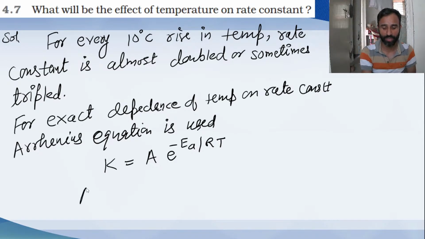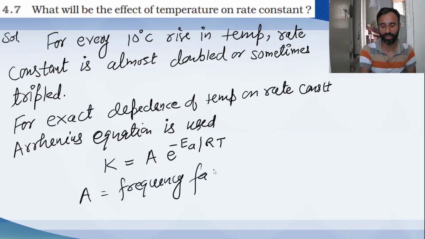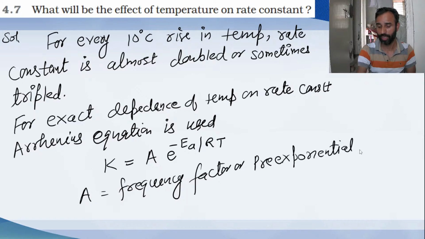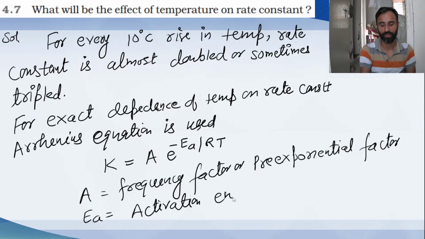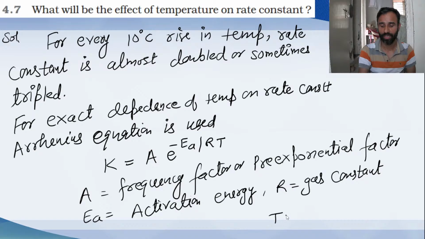Where A is the frequency factor or pre-exponential factor, Ea is activation energy, R is gas constant, and T is temperature in Kelvin.